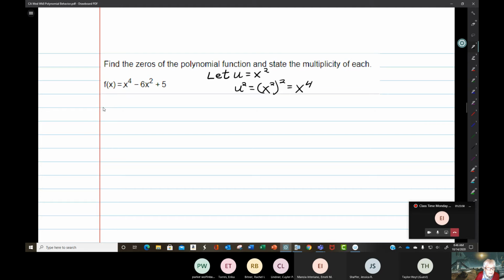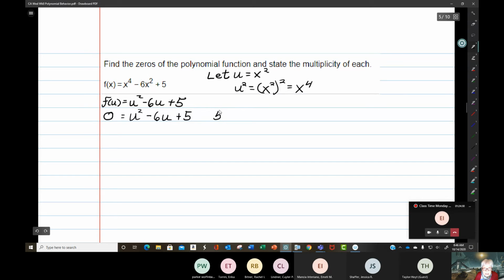So I am going to have f of u equals u squared minus 6u plus 5. So 0, because I'm looking for the zeros, 0 equals u squared minus 6u plus 5.